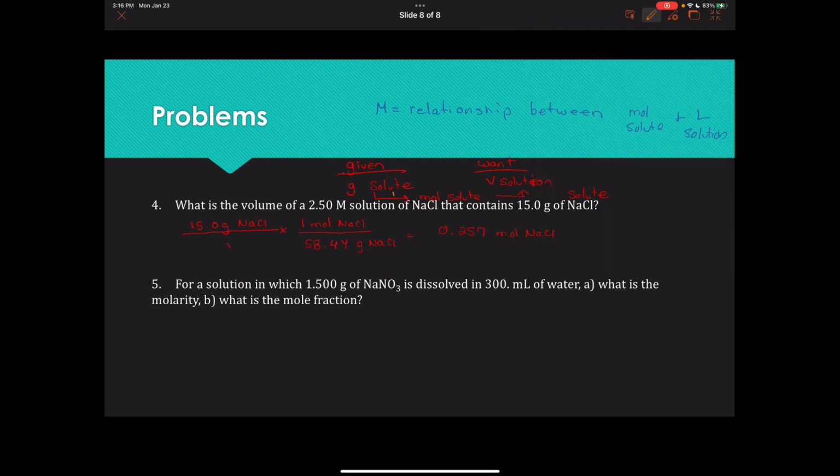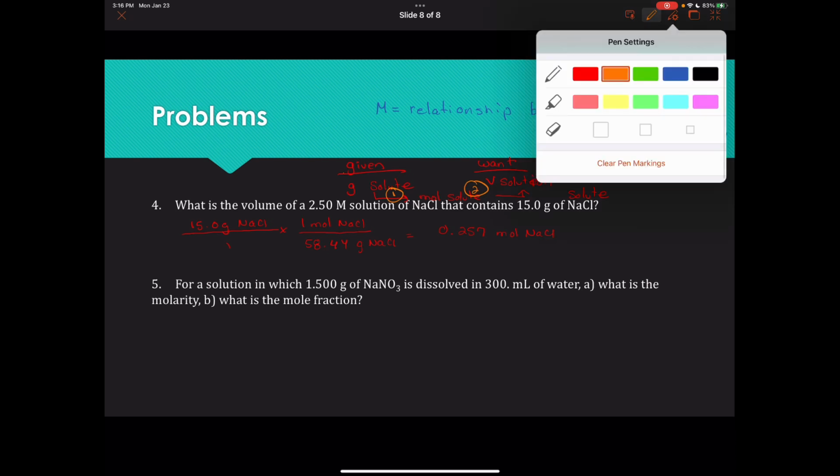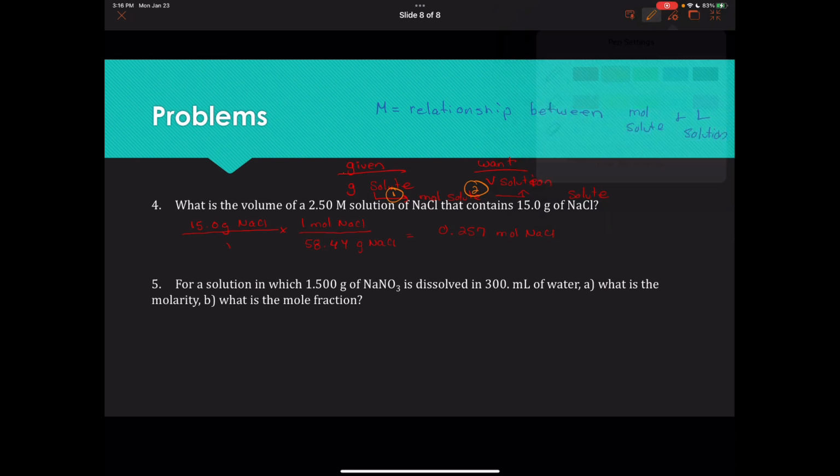So that completes my first step here. I converted grams of solute to moles of solute. Now I'm converting moles of solute to volume using the molarity. So when I look at that molarity, 2.50 molar means that I have 2.50 moles of my solute in 1 liter of my solution.